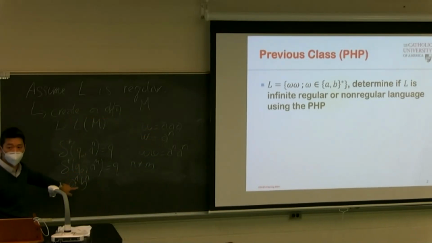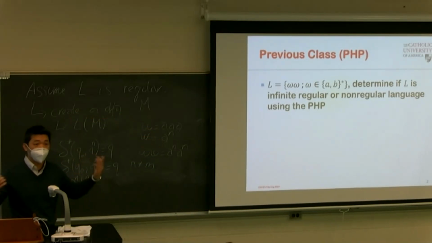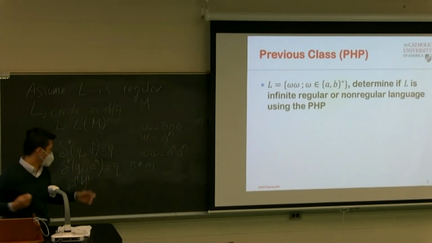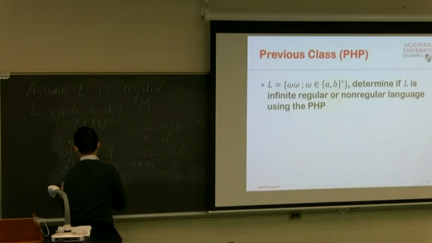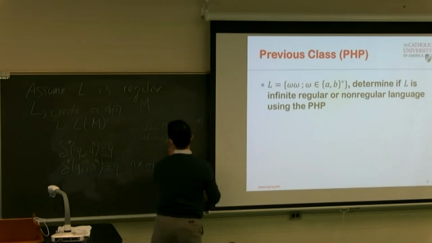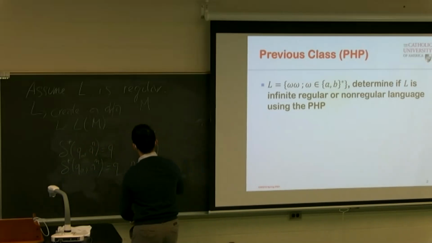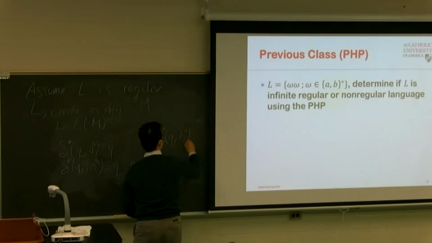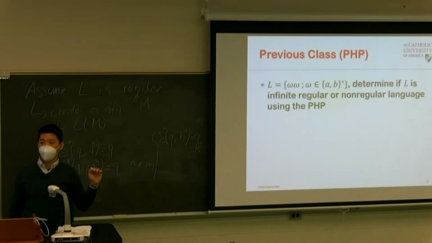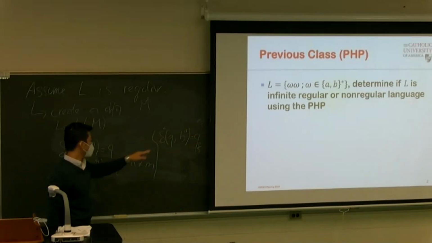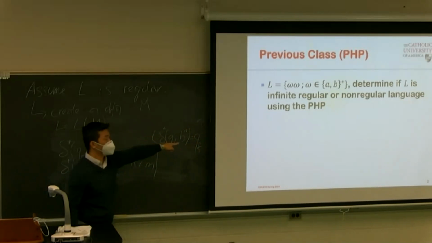Because we assume that this language is regular, meaning that there's a DFA for it. So now, here we do the simple connection. Now we can transition from Q, B to the N, and this would be the final state. And the consequence is that this also transitions to the final state.